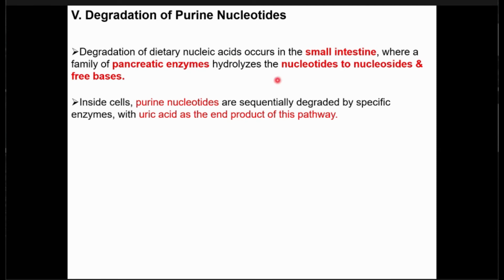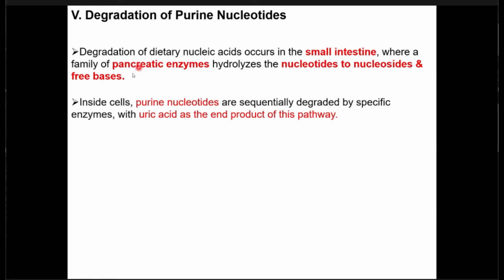When you eat it, the nucleic acids are degraded in the small intestine, where some enzymes from the pancreas hydrolyze the nucleotide to nucleoside and then the base. We know that the base makes a nucleoside with the sugar, and when you add the phosphate, you get a nucleotide. So when we eat a nucleotide, we go to the nucleoside and then to the base, and then from the base, the cell will absorb it.